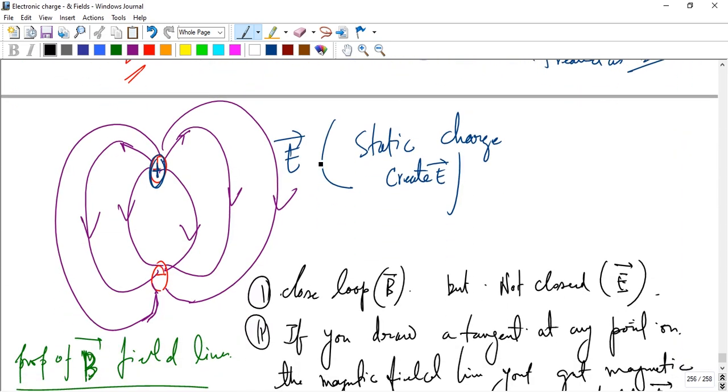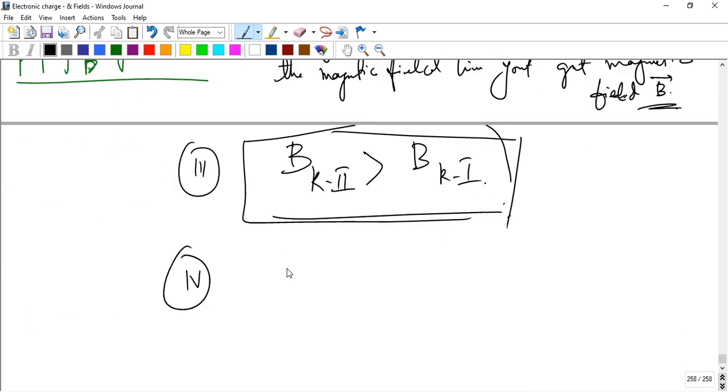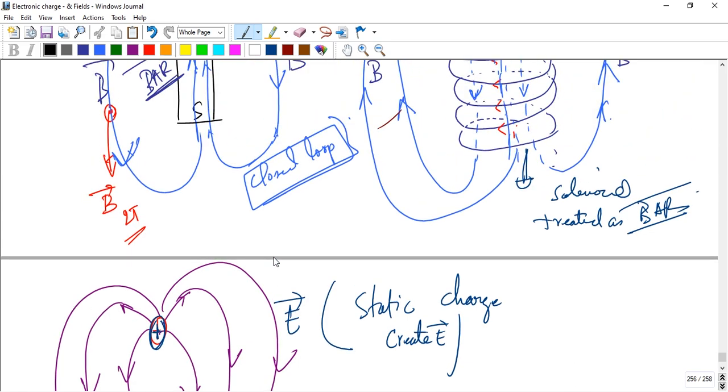And the last point, number 4: field lines do not intersect each other, the same as electric field.